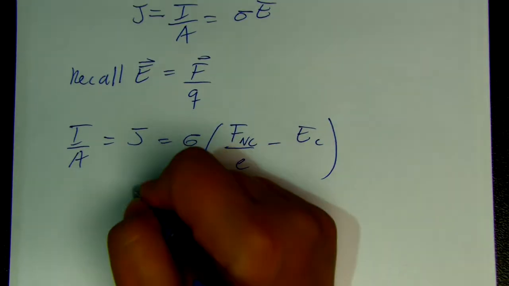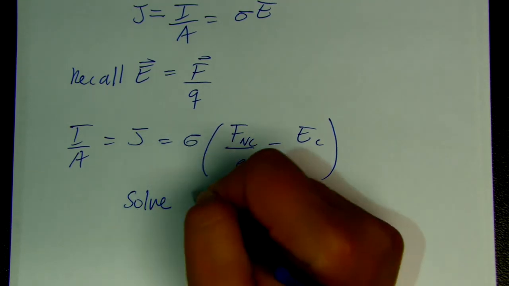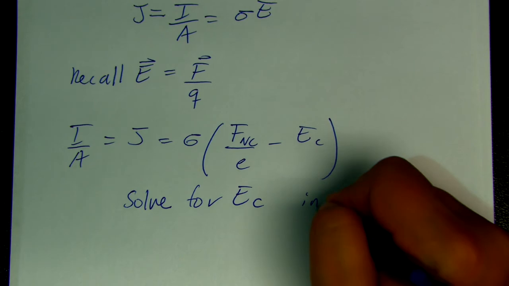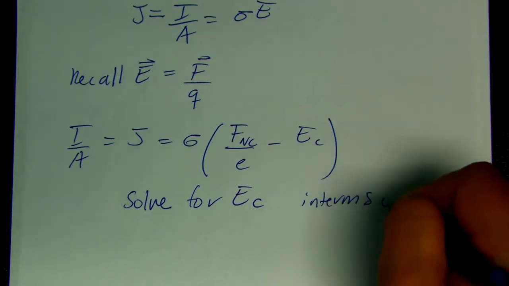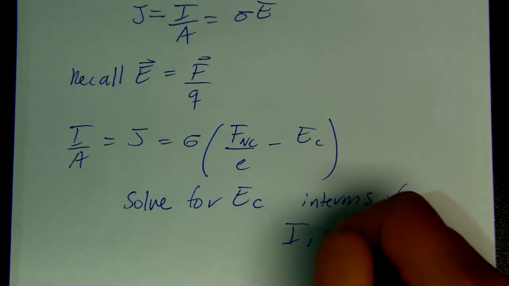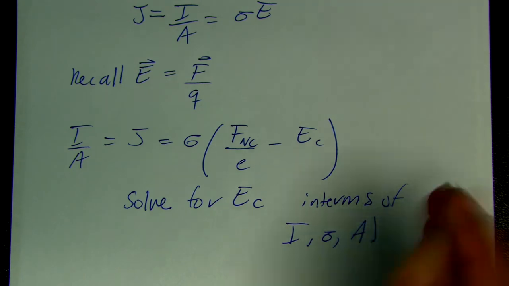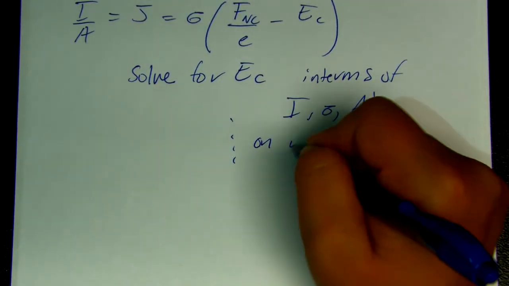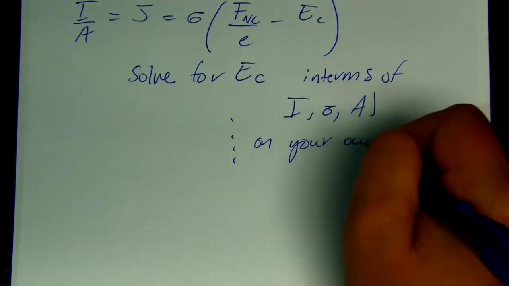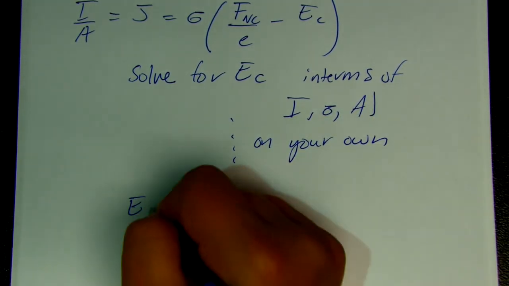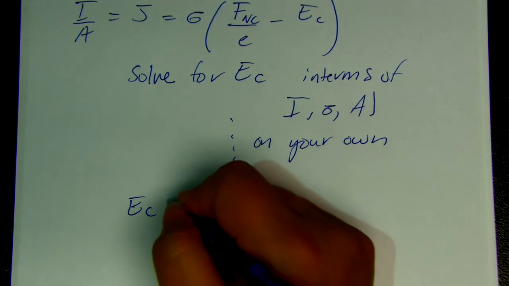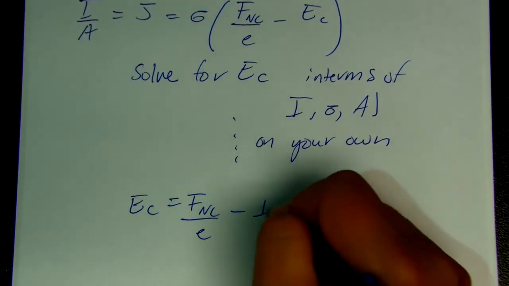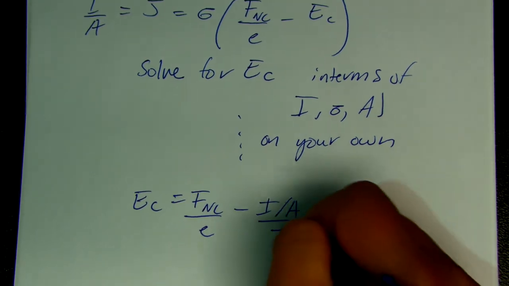Then you can solve for the Coulomb field in terms of I, conductivity, and A. You should do this on your own. You get the Coulomb field is equal to F non-Coulomb divided by E minus I over A divided by sigma.